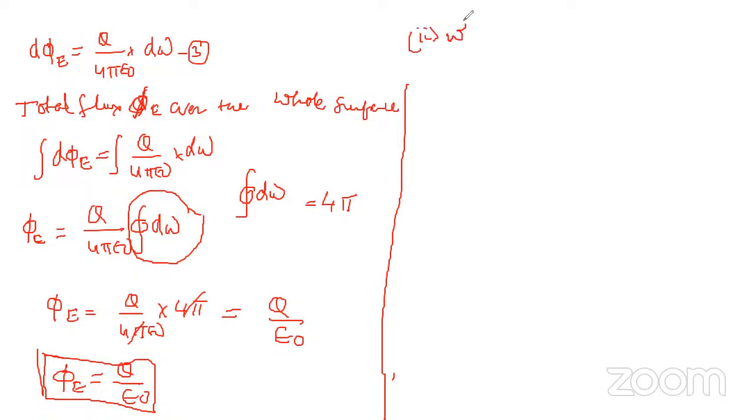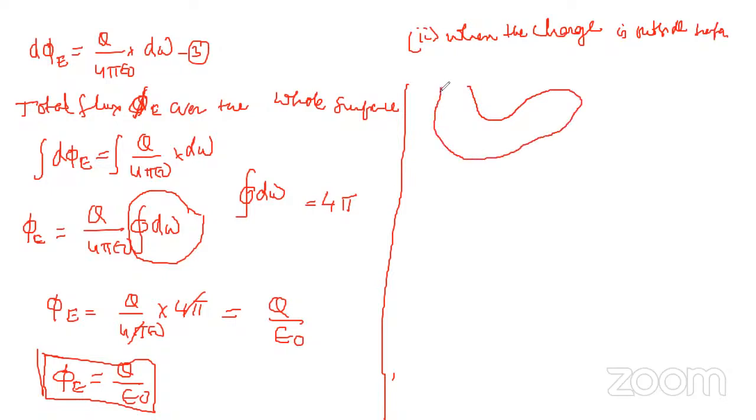Suppose the charge is outside the surface. That means if this is a surface, and the charge is outside it.